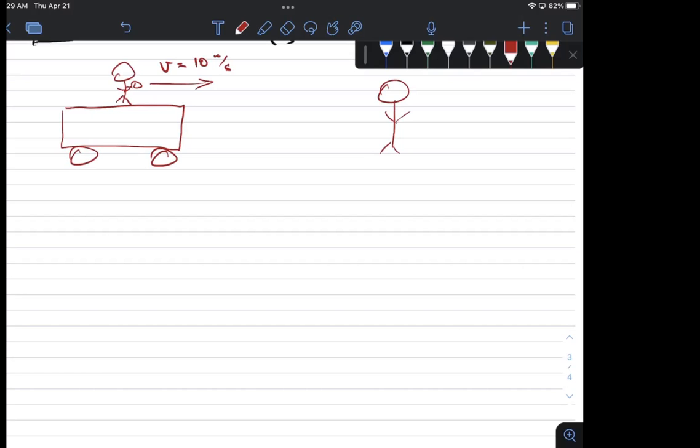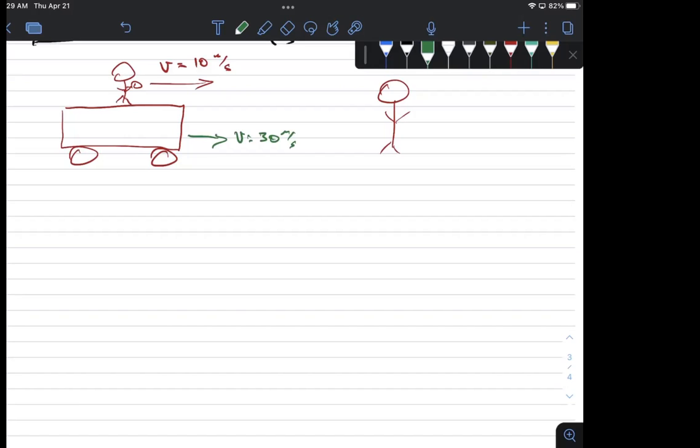But then if instead we allow the train to move with a velocity of 30 as well, now the question is, what does the person see? Well, before you threw the ball, the person would see it moving at 30 meters per second already, because it's on the train and the train's moving at 30. Then you throw the ball, giving it an extra 10 meters per second.